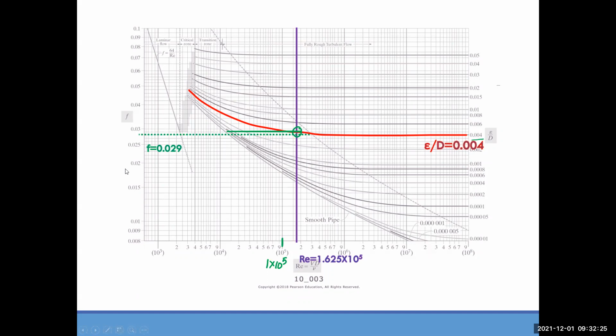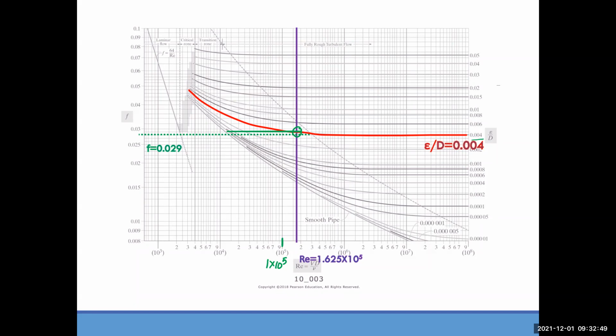Now I will wait a few more minutes just to make sure that all of you got the friction factor. Everyone please find that, and once you are done, just let me know. I will then check your friction factor. Okay? You got that?